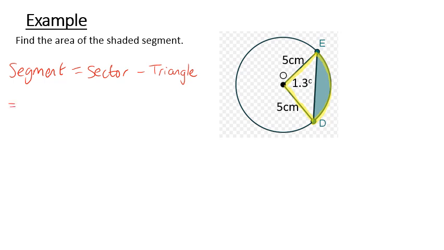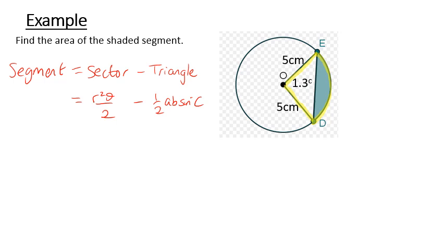So for the sector, remember there's a formula, r squared theta over 2. And in fact, I'm going to write that underneath the word sector, r squared theta over 2. And then for the triangle, there are a few different ways of finding the area of a triangle, but for this one, I'm going to use the half AB sine C formula, which is one that you would have learned at GCSE. So remember, the A and B are two sides, and C is the angle between them.